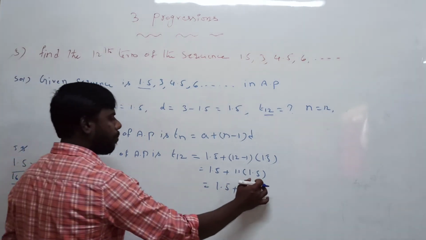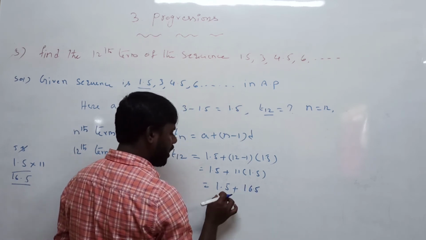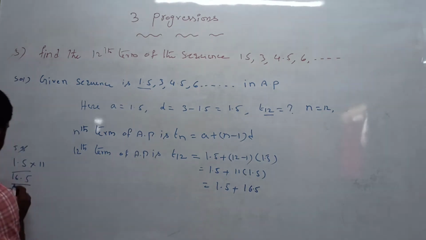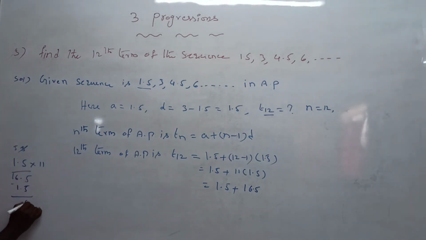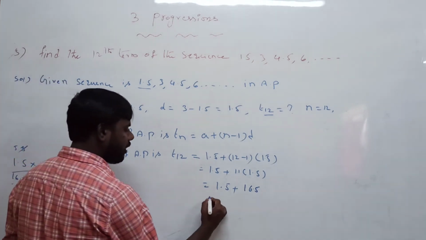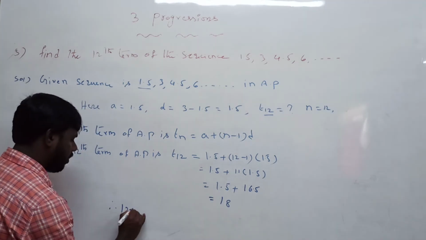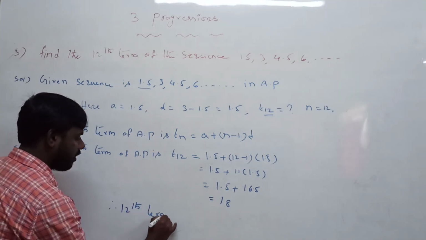So 11 into 1.5 is 16.5. 16.5 plus 1.5: 5 plus 5 is 10, we are writing 0 and carrying 1, 6 plus 1 is 7, 7 plus 1 is 8. So 1.5 plus 16.5 we are writing 18. Now the 12th term value is 18.